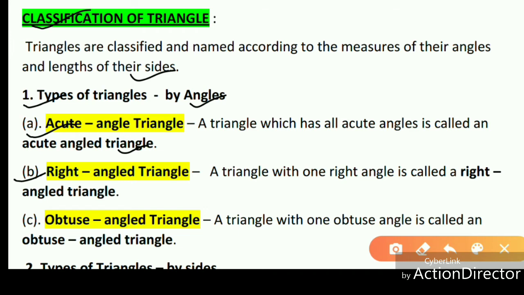Type B, right angle triangle: a triangle with one right angle is called a right angle triangle. Type C, obtuse angle triangle: a triangle with one obtuse angle is called an obtuse angle triangle.